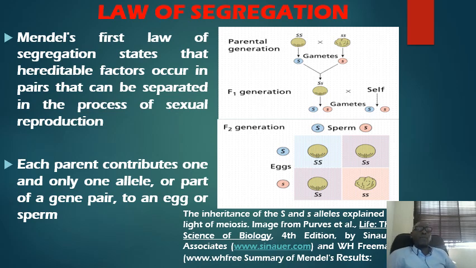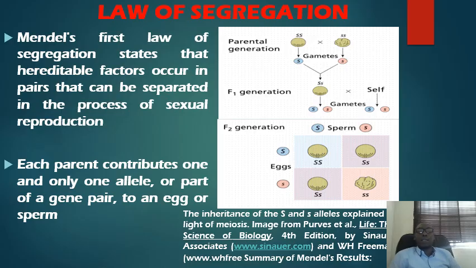So looking at the first law of Mendel, known as the law of segregation, it states that heritable factors occur in pairs that can be separated in the process of sexual reproduction. And each parent contributes one and only one allele or part of a gene pair to an egg or sperm.